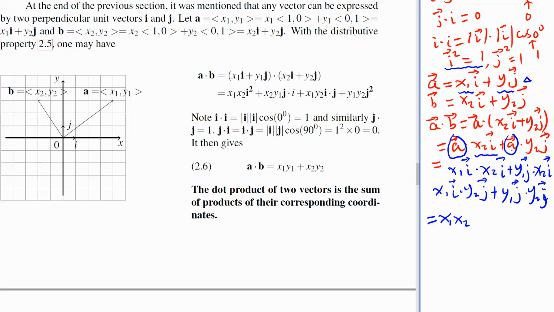The second one here, y1 J dot x2 I. You see, this is the second one. So we have a J vector dot I vector right here. Okay. So J vector dot I vector is 0. So then this one is 0.